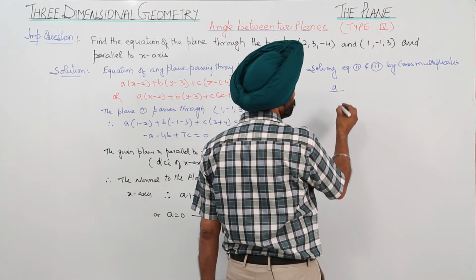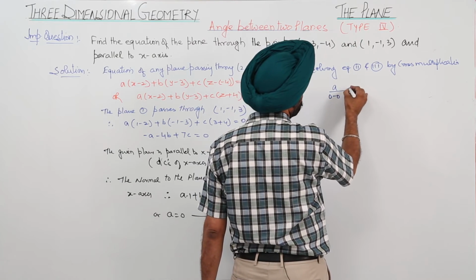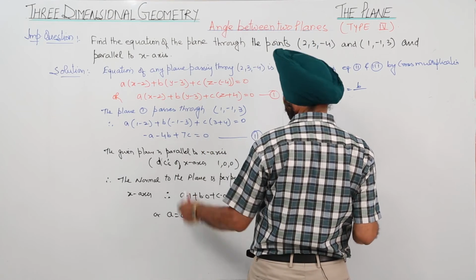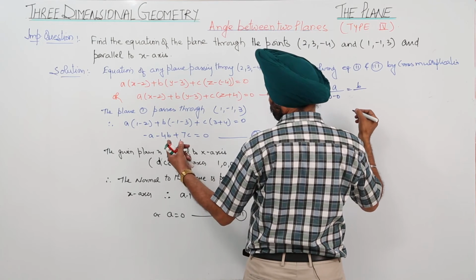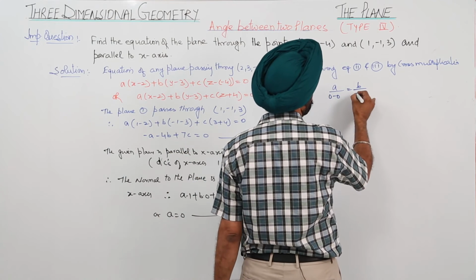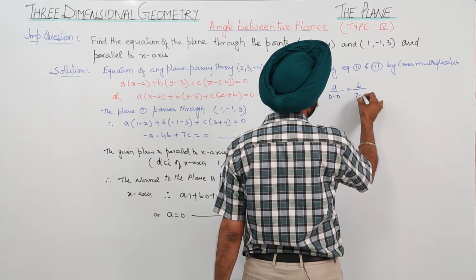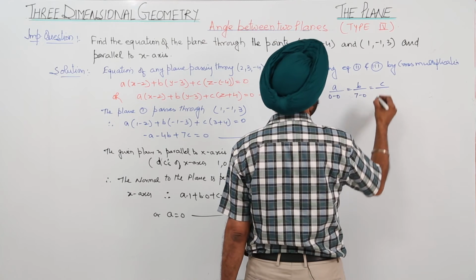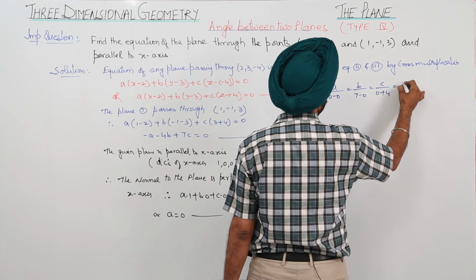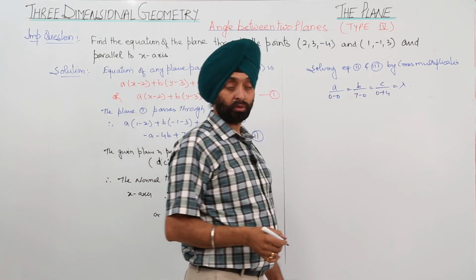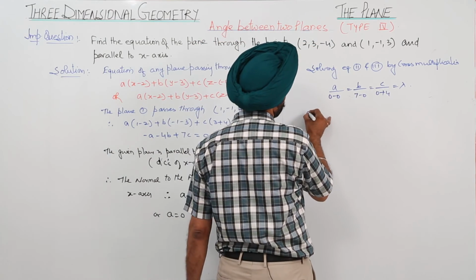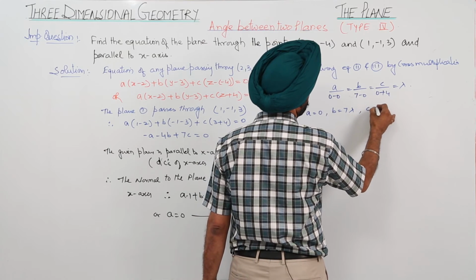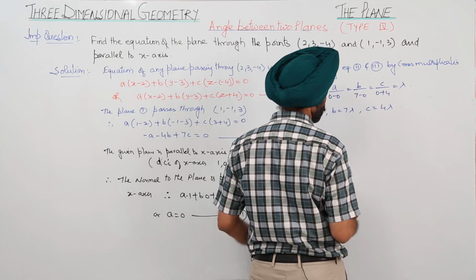So it is a/(0 - 0) = b/(7 - 0) = c/(0 + 4) = lambda. So now we are having a = 0, b = 7 lambda, c = 4 lambda.